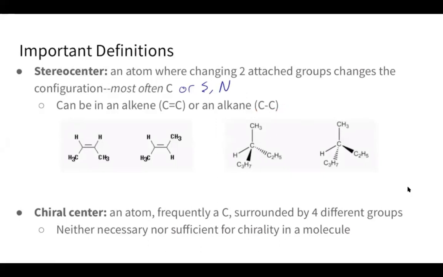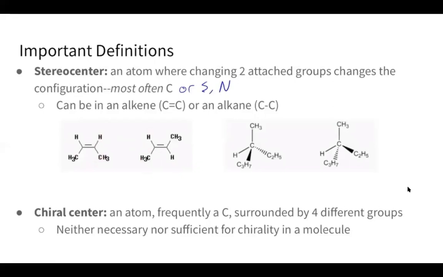So below, I have two different atoms that have stereocenters. This is an alkene, and you can see that if I were to move either of the two groups on this carbon right here, or either of the two groups on this carbon right here, I would be able to get a molecule which is different from the original molecule.